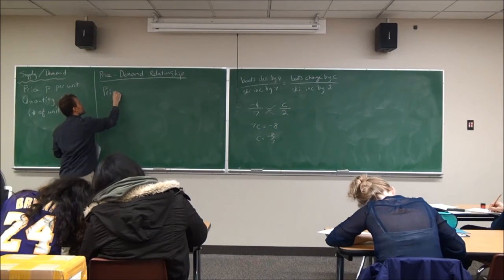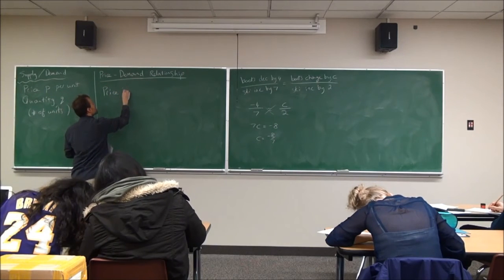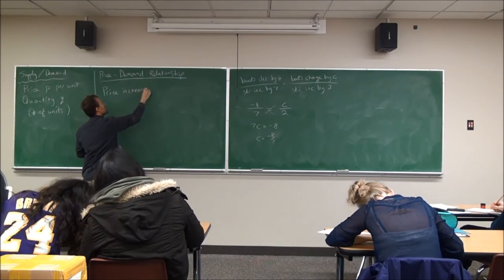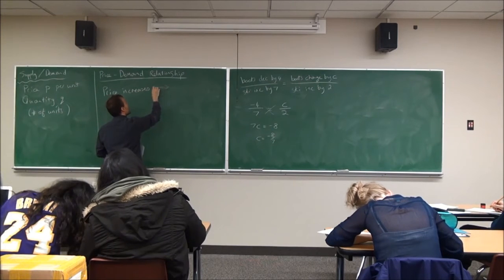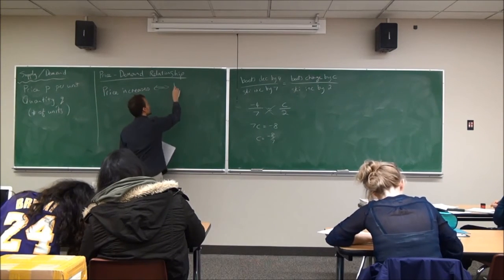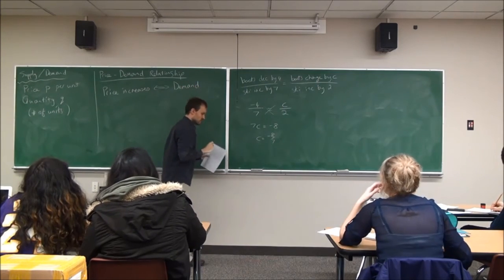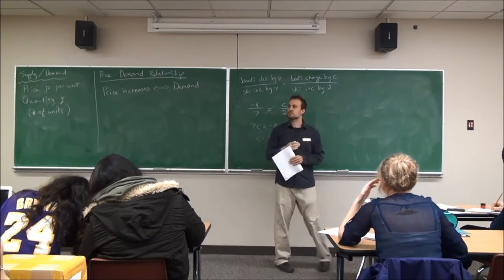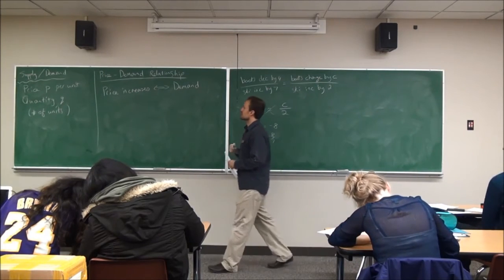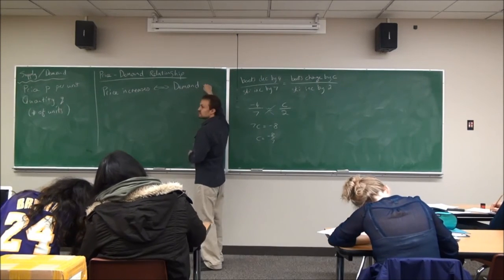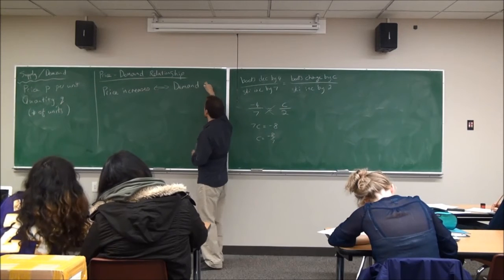If my price increases, what does that do in terms of the demand? The number of units that people want to buy. If the product becomes more expensive, what happens to your willingness to buy it?